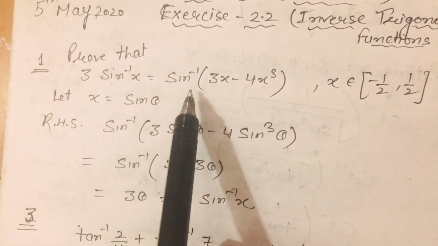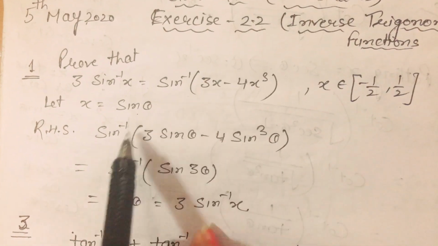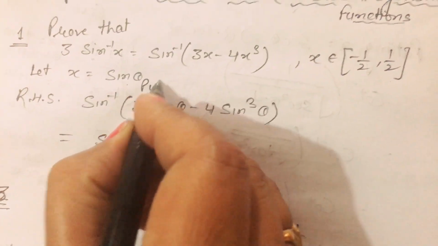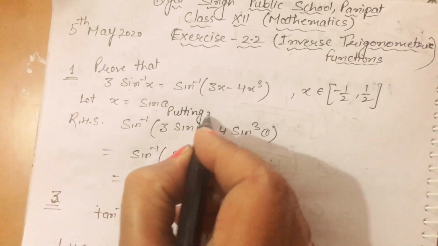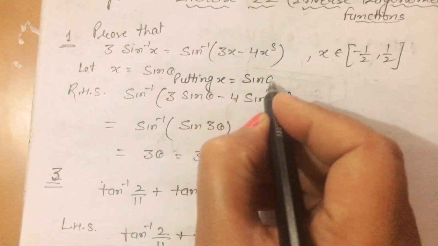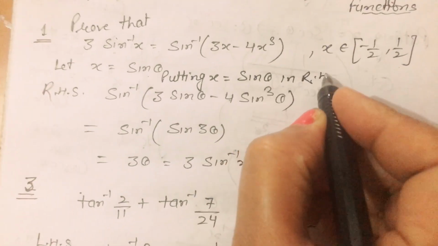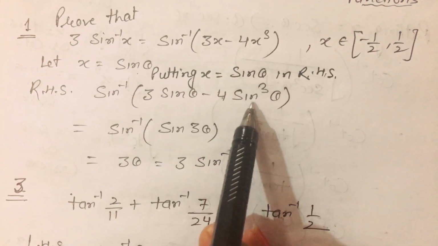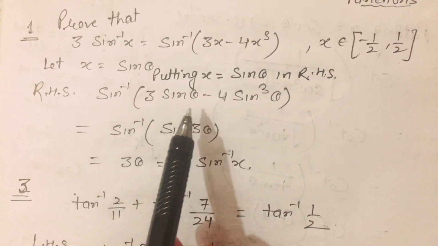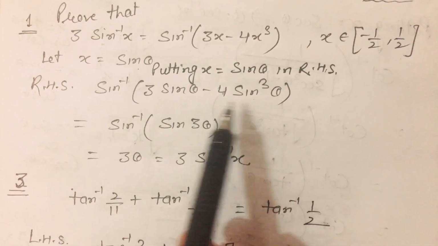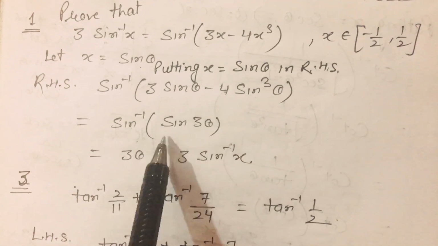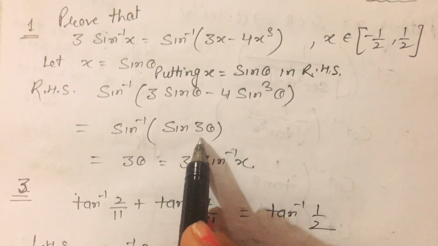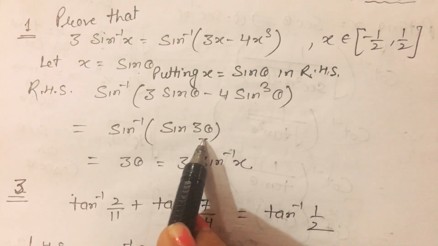So sine inverse of 3 sine theta minus 4 sine cube theta, putting x equal to sine theta in the right hand side. At the place of x we put sine theta. We know this formula, this is sine 3 theta. So sine inverse sine 3 theta, and we have to check whether this is in range or not.